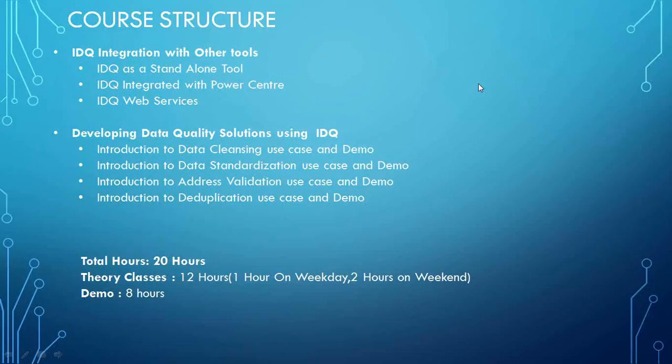But here I would like to mention this address validation requires reference files, which are licensed ones and which are costly. I really don't know if we have that. I would check with the admin here. But at least if the reference files are not there, I would be able to show you what all options you should configure, and also provide you a set of input records before address validation, and what is the outcome after address validation.